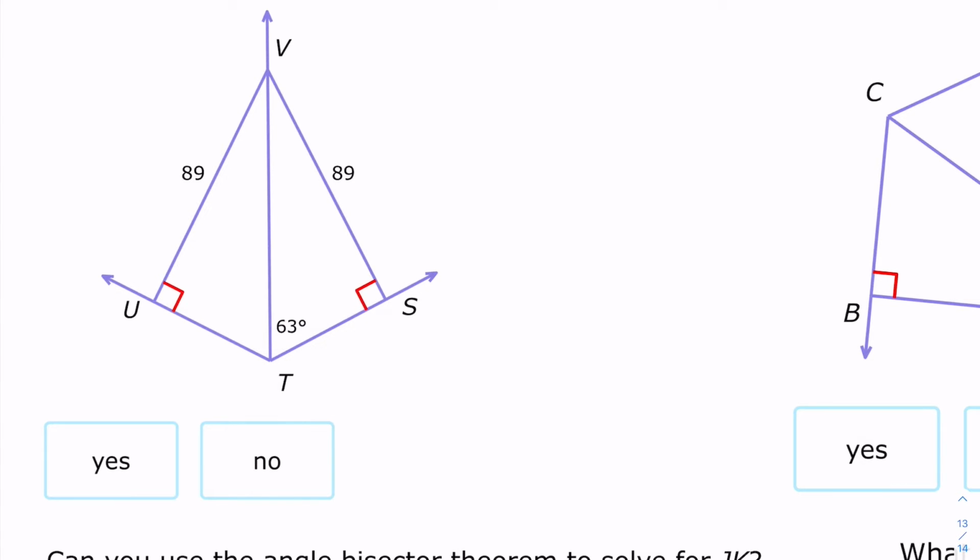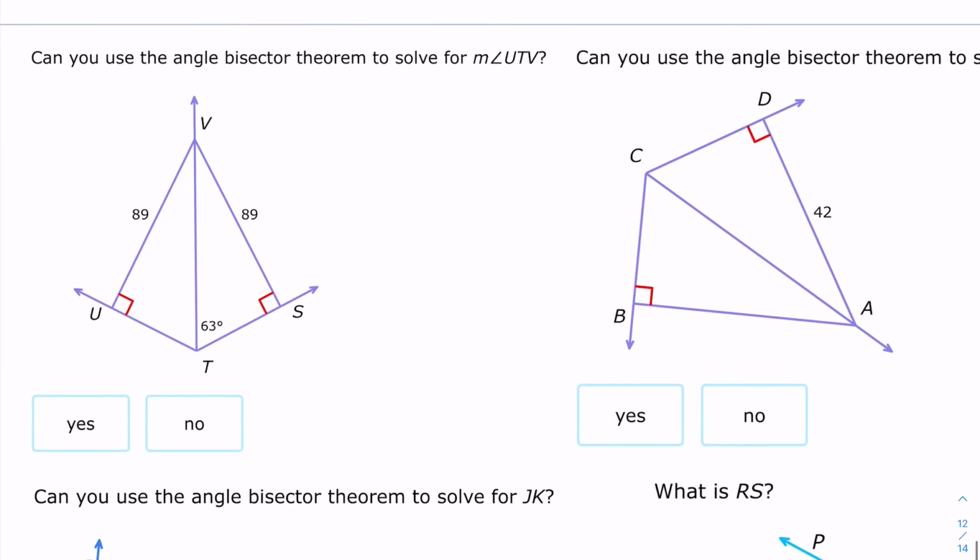Here we have right angles. Here we have 89 and 89. So the question is, can you use the angle bisector theorem to solve for U, T, V? And the answer is yes, because we have enough pieces of information. We have these angles, we have these sides, we have this shared side. It's enough information. So the answer is yes.